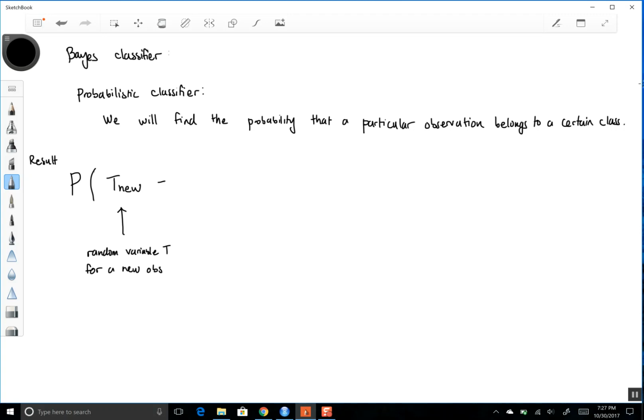We're going to say the probability that t new is equal to c. This is the probability that our new observation belongs to class C, given the x variables. So these are our predictors for the new observation.